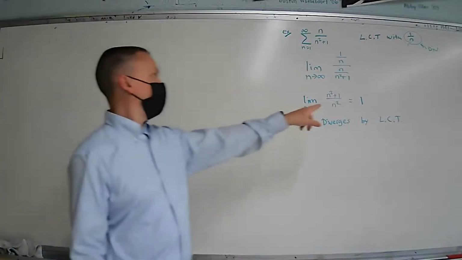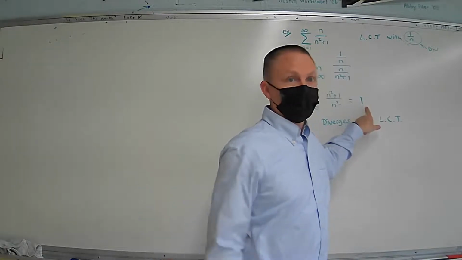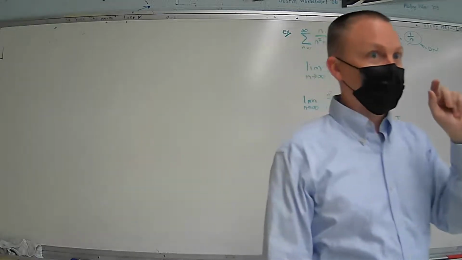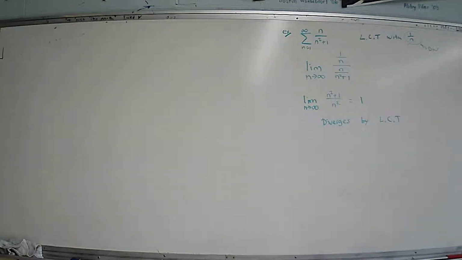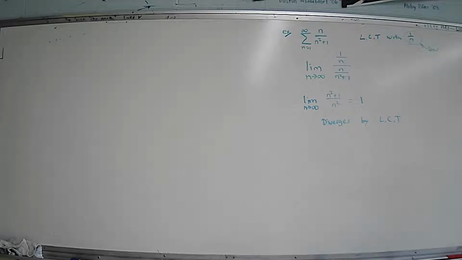What happens if you get 0 here? Test fails. Can't do it. You can't do anything, because 0 is not finite and positive. So if you get 0 when you do that test, you're SOL. You have to do another test.